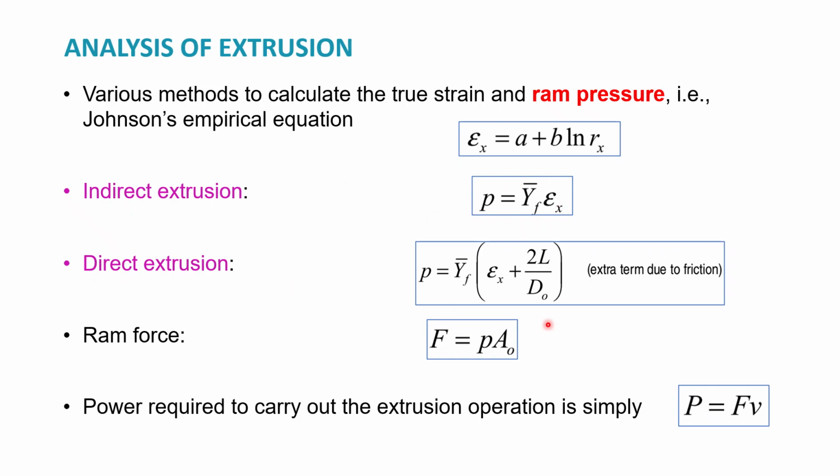In direct extrusion, the equation is modified to P equal to Y prime f multiplied by epsilon x plus 2L divided by dO. The ram force is equal to the pressure multiplied by the initial area. The power is equal to the force multiplied by the linear velocity of the ram.